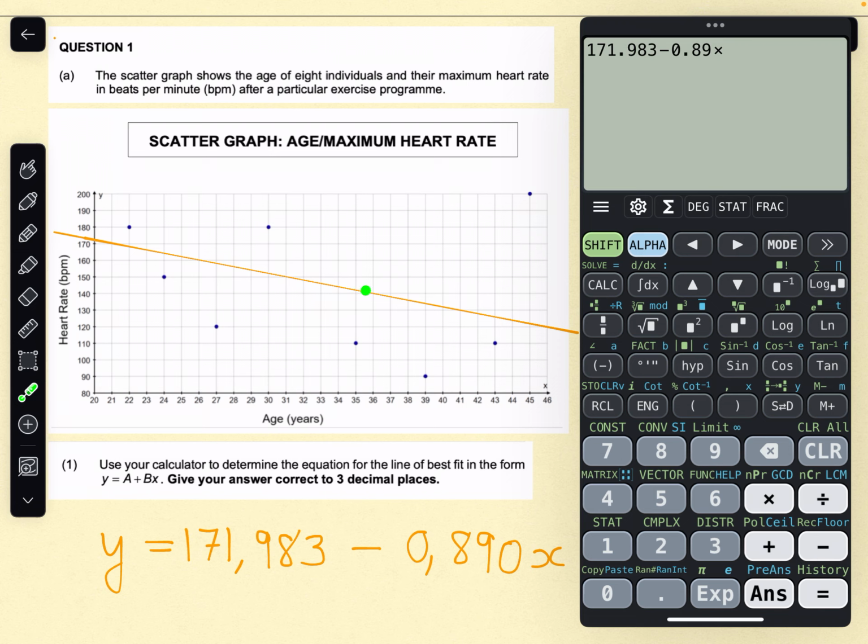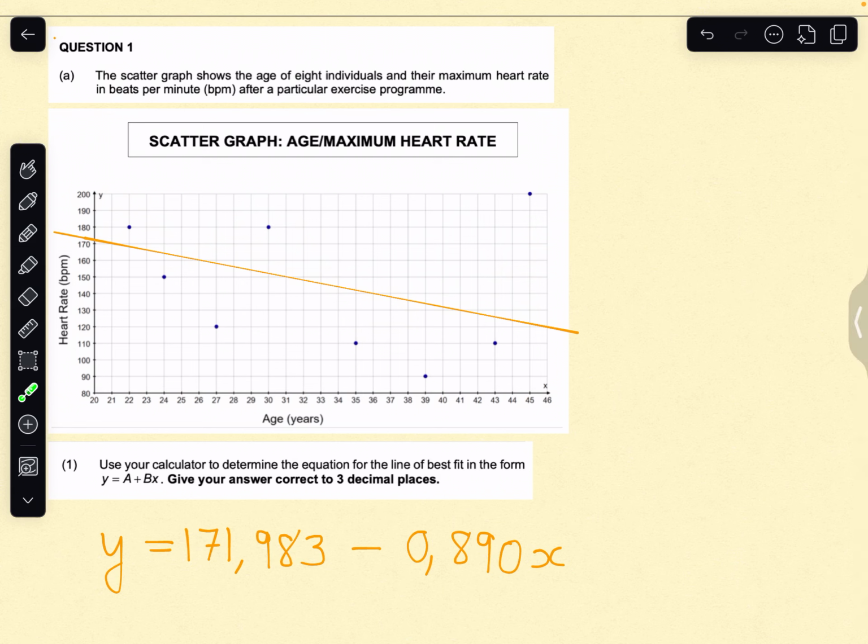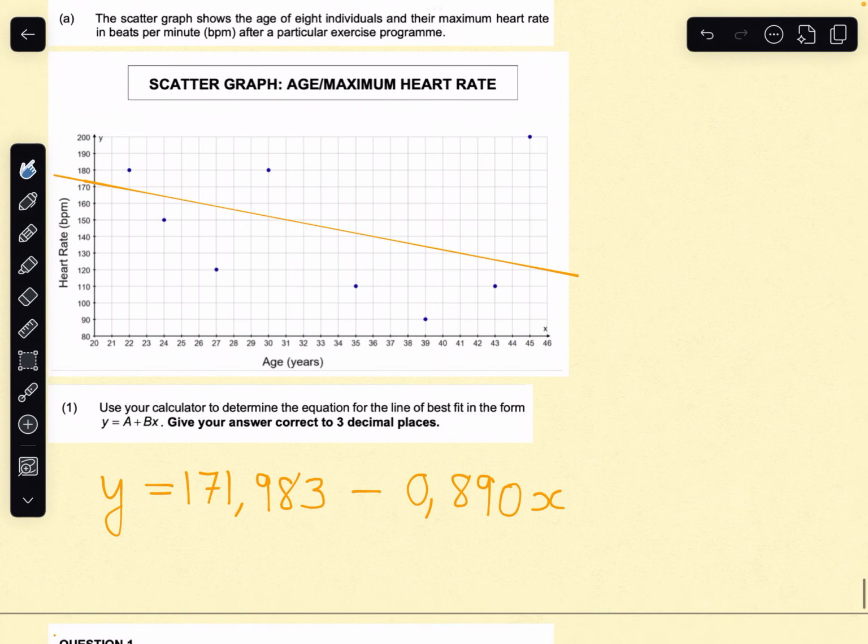But we can see that our line of best fit is actually quite far from that value, so it's going to be closer to 140. So 0.89 times 35, yeah, you see we get something close to 140. So really not a great line. Well, I mean, it's a good line of best fit. It's just trying to organize data that is not very organized. Anyway, that is my answer for that.